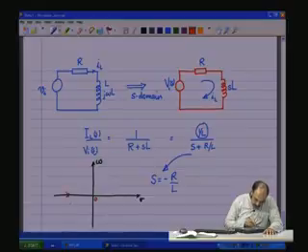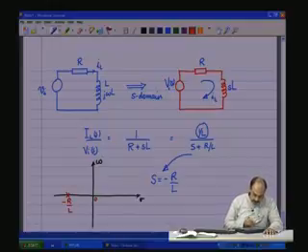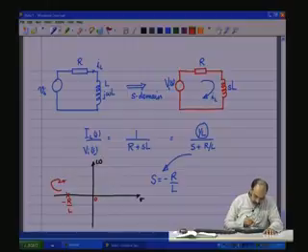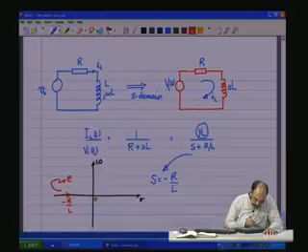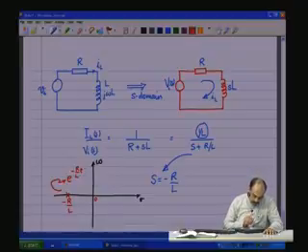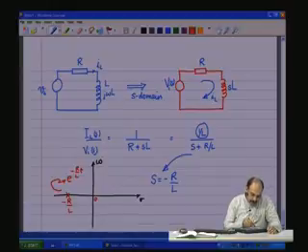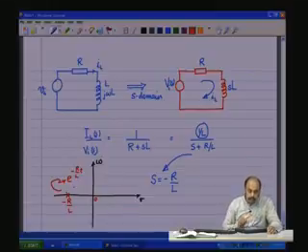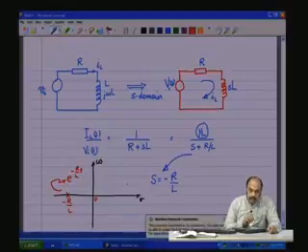I have a pole at some point here which is minus R by L. This again means that any excitation after it is removed will decay as e to the power minus R by L t, or the time constant here is L by R. L by R is the time constant with which this is going to decay in the case of the RL circuit.